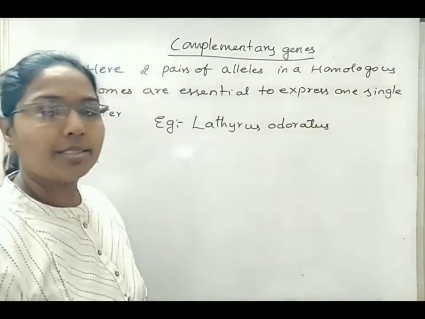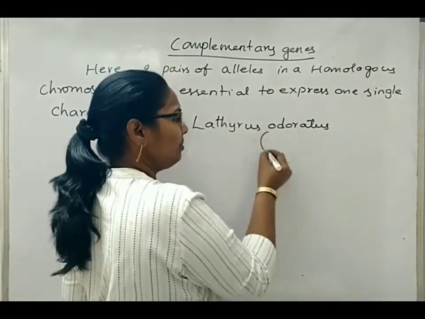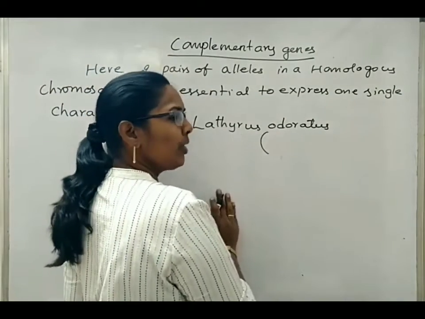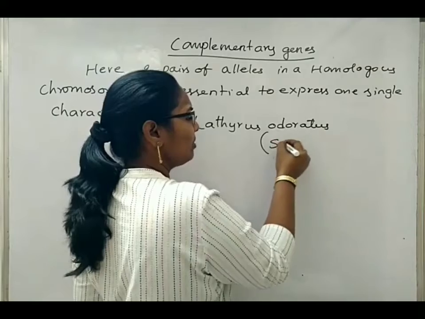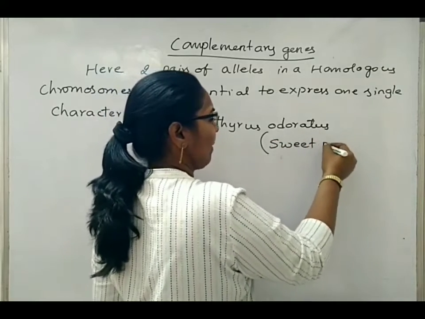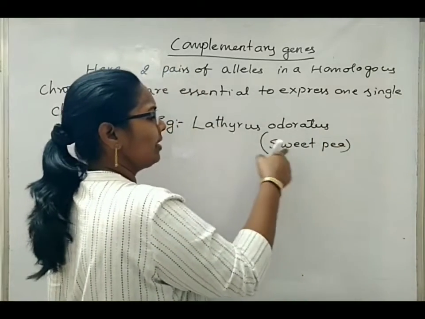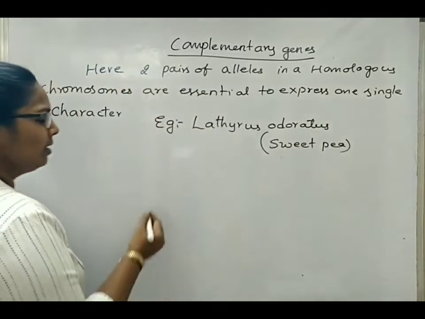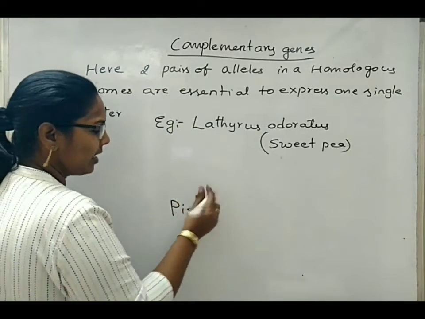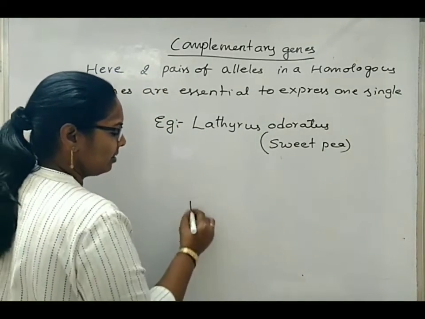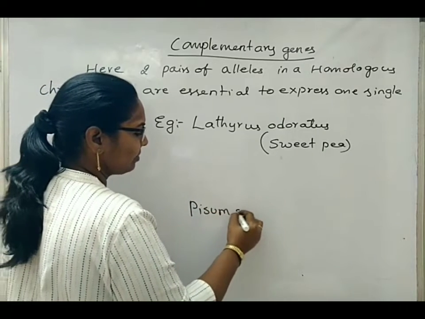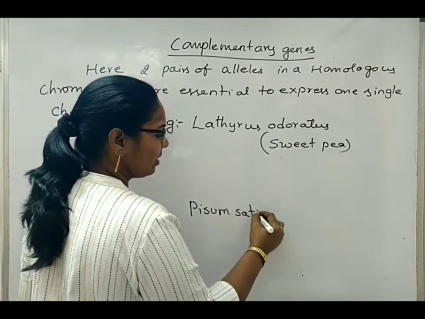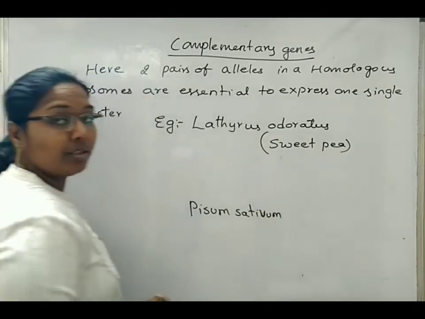Lathyrus odoratus. Now, this is the botanical name of one plant, that is sweet pea. This is the botanical name and this is the common name. We also know that there is another example, Pisum sativum, on which Mendel has worked.